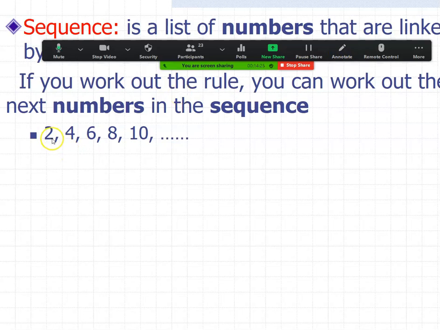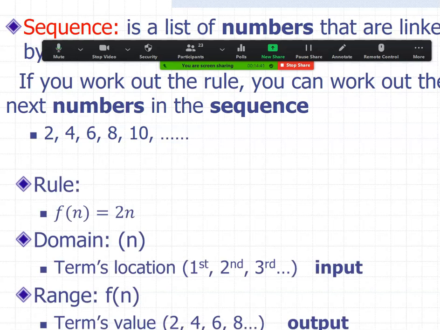So you can see that, oh, it's times, this one would be times 2, maybe times 3, times 4. And you could produce the rule out of that, which would be this. So the rule for this one would be f of n equals 2 to the n.